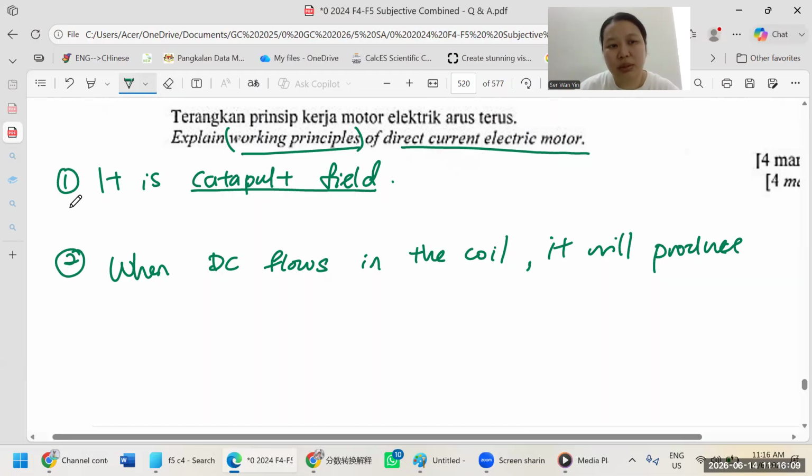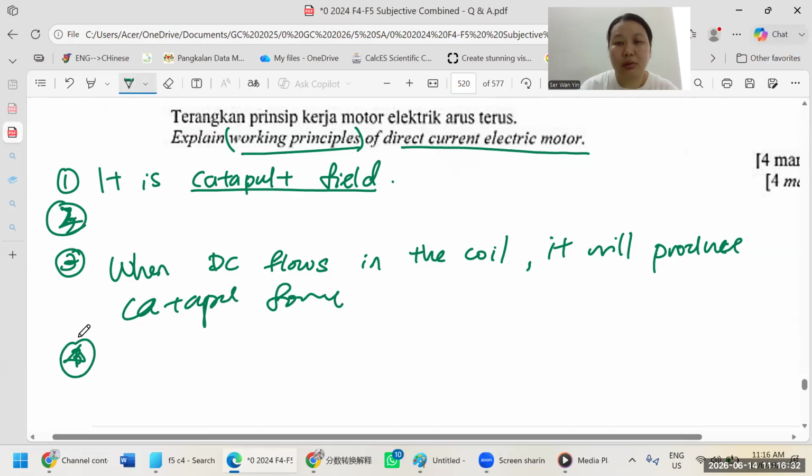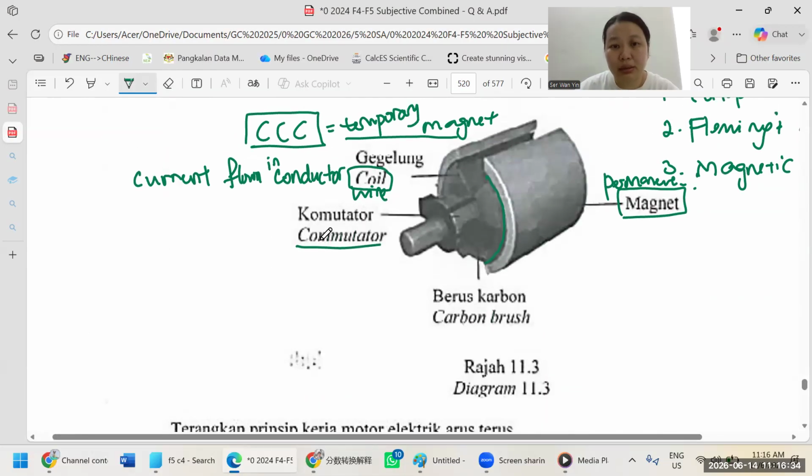Or maybe number two, you tell the whole definition first, then from your definition you tell what is catapult force, catapult field. So it will produce catapult force. Then number four, you tell all of this about the commutator.